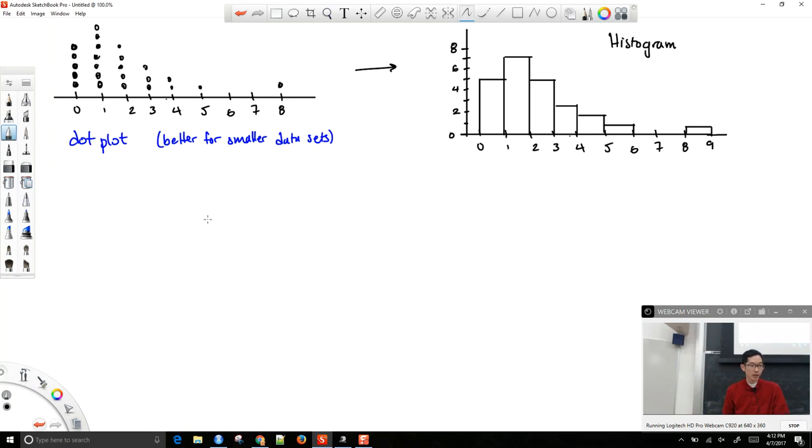The advantage with the histogram is, for a dot plot, let's say we asked a different question. Let's say we go to a bunch of different schools around the nation, K through 12, and ask how many students attend your school.